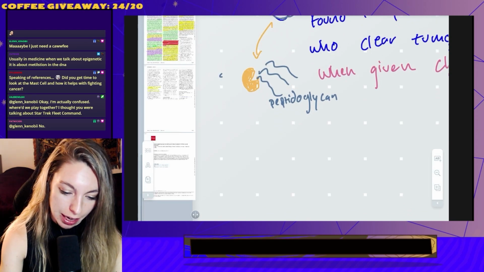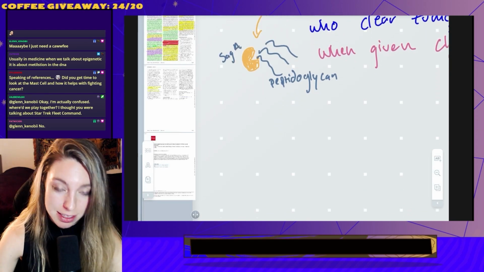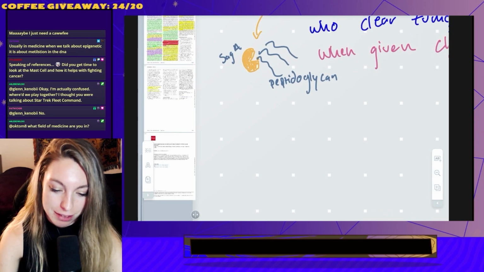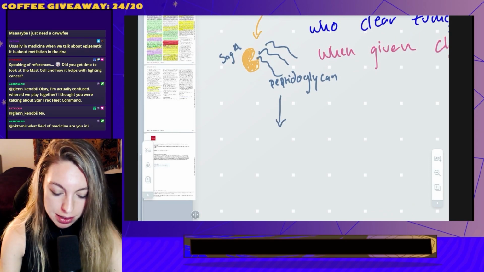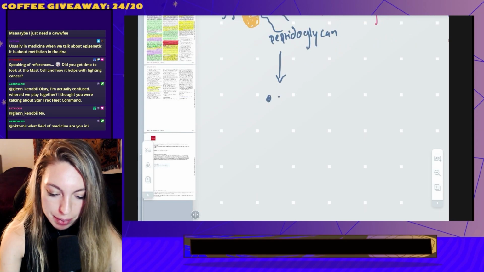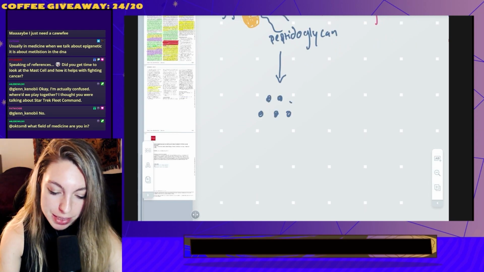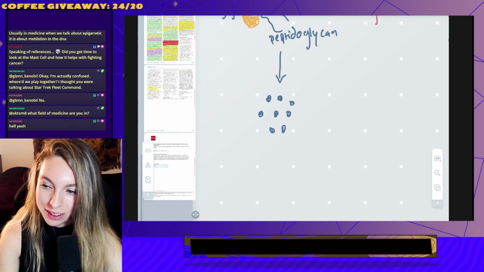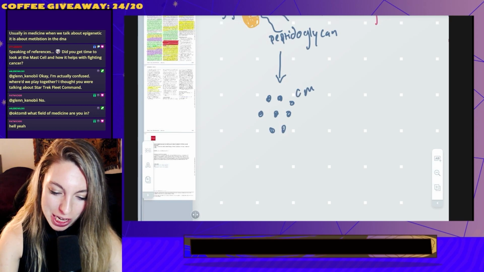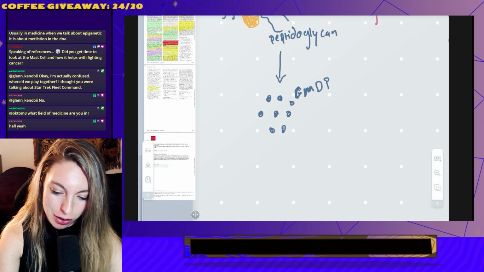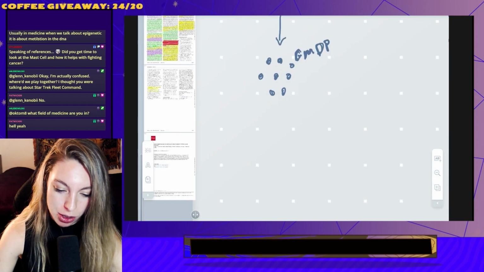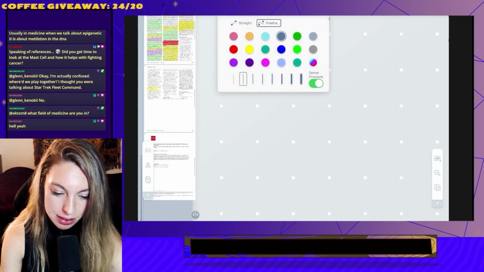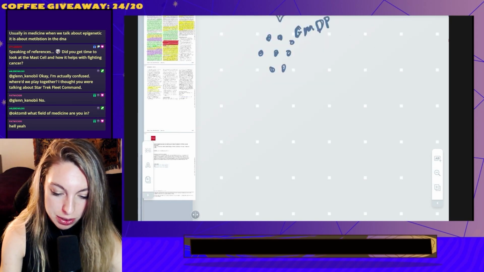So here's SagA doing its thing, cleaving things, saggy cleavage, if that helps you remember it. And it makes these tiny little pieces of the peptidoglycan called muropeptides, I'm already forgetting my acronyms. It makes these little peptides called GMDP, which then activate the NOD2 receptor.